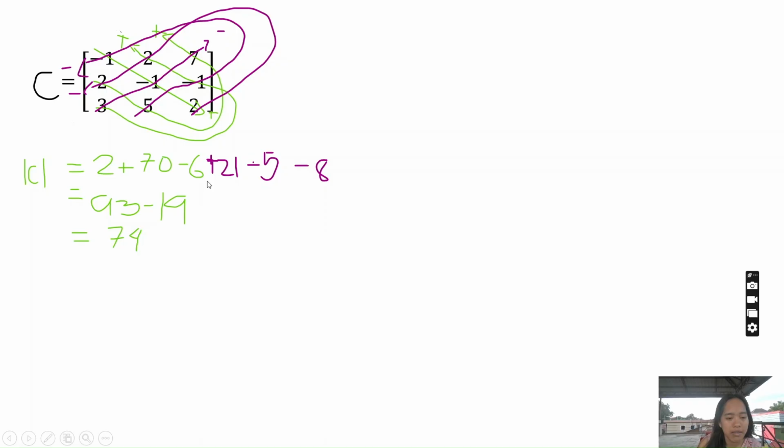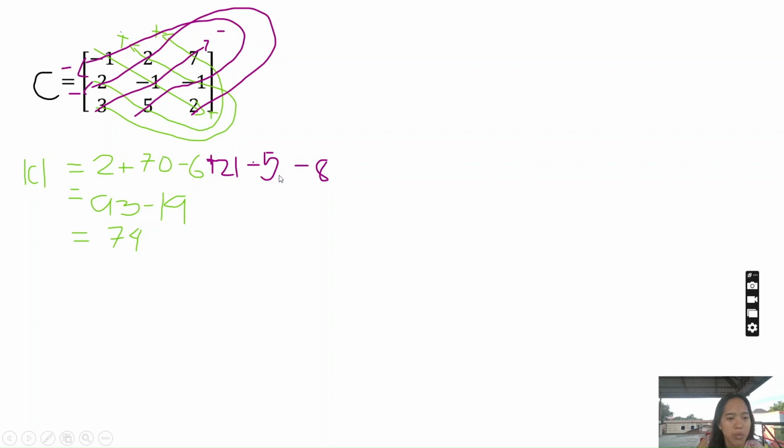So we obtain negative 6. Then the other side: 3 times negative 1 times 7 is equal to 21, minus 5 times negative 1 times negative 1, and that is negative 5.